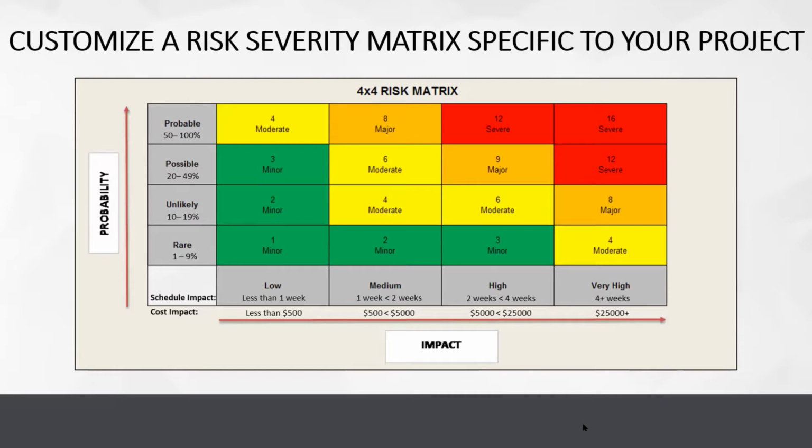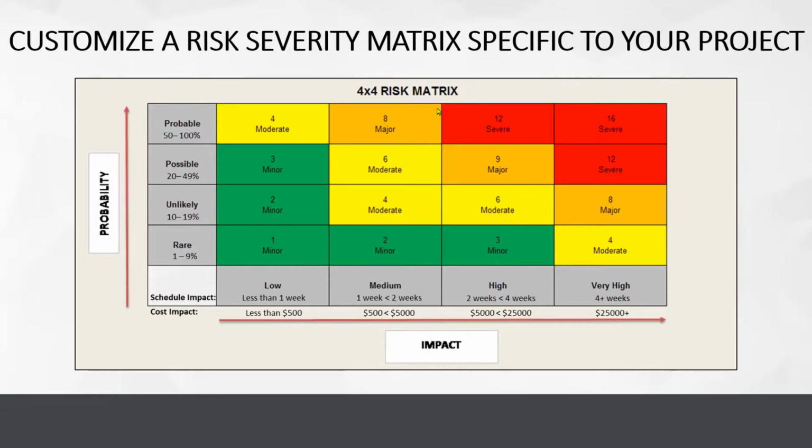The risk that I submitted, if you recall, I said that it was going to be a high impact because we said it was going to be about $6,000 and it was going to be possible that we had 25% chance of it occurring. So if I draw these together, possible and impact high, that's going to make it a 9 major risk.